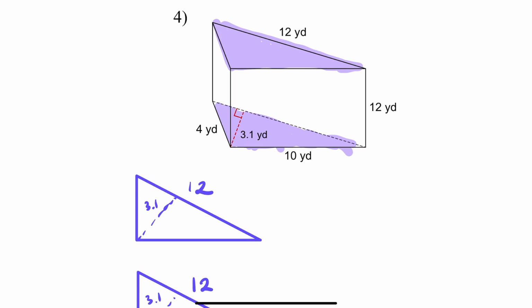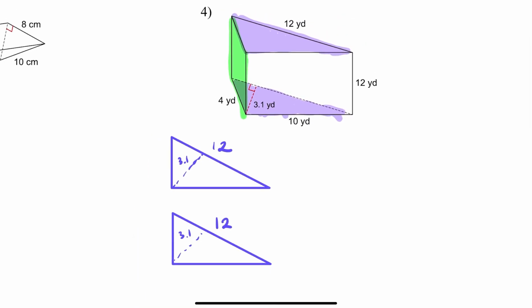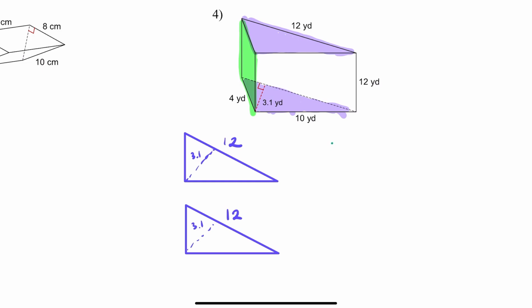I'm going to pull out the highlighter and I'll switch to green, why not? I'm going to go ahead and draw this one right here. See that little left side face right there. So I'm going to draw some green right here.